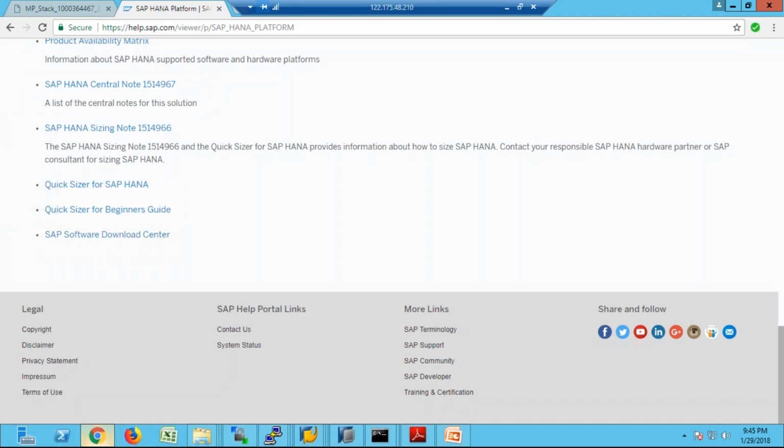We have the classical version, which is for SAP solutions with RDBMS. If any customer is implementing SAP solutions with RDBMS, like running ERP with Oracle database, ERP with DB2, or BW with DB2, in those kinds of situations you can use the classical one.